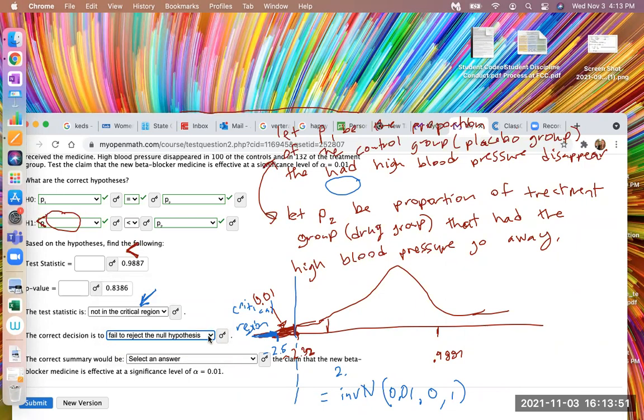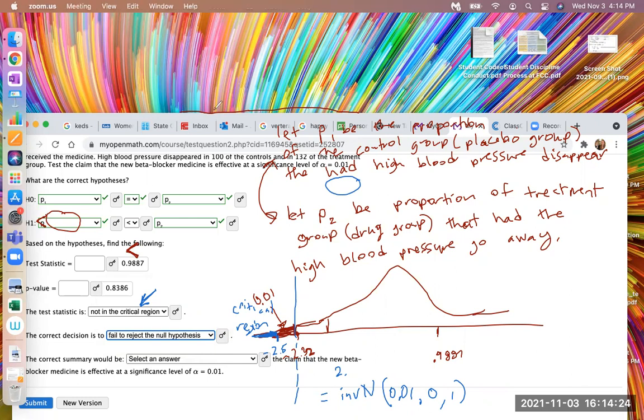And that's a little misleading, because if we fail to reject the null hypothesis, it sort of sounds like we're accepting the null hypothesis, but we're not really accepting it. It's the same reason that in a court of law, the thing that we accept as truth until proven otherwise is that the person is innocent.